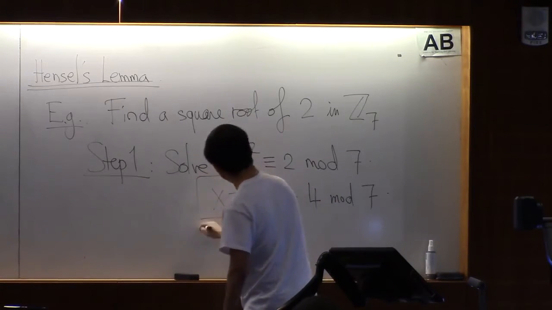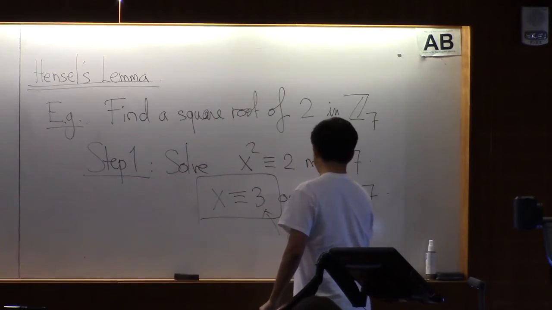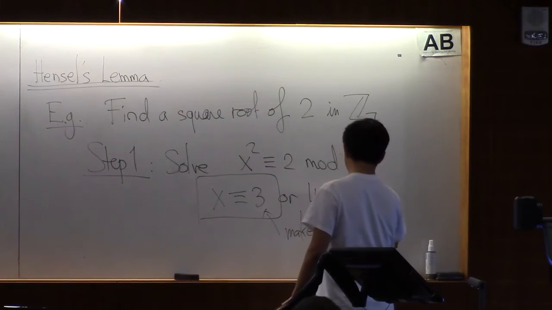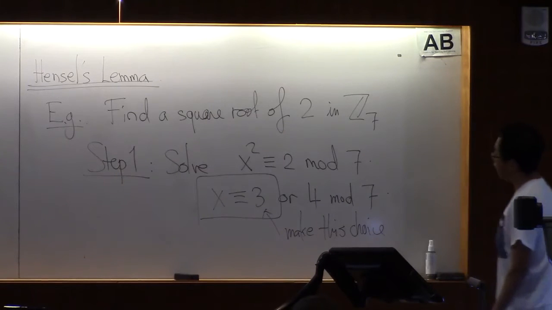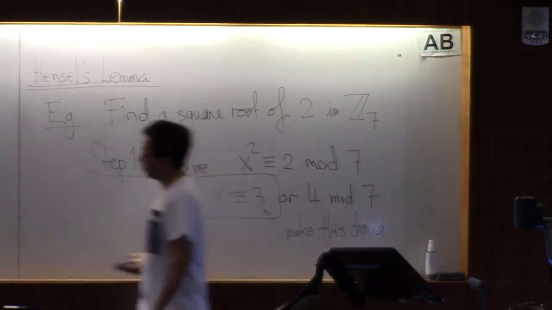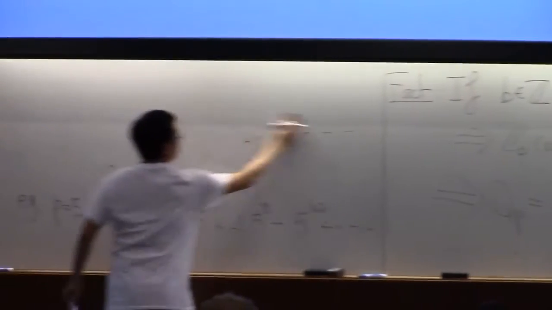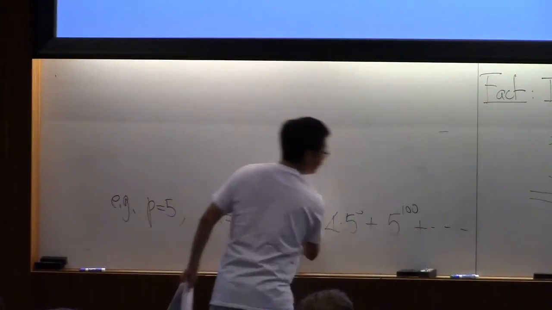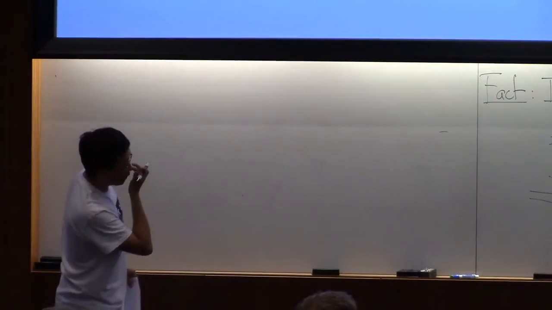For the rest of the construction, for example, 3. And if I have found one of the square roots, the other square root will be the negative of it. So I just need to find one, and the other one I get for free. Okay, so that's done.